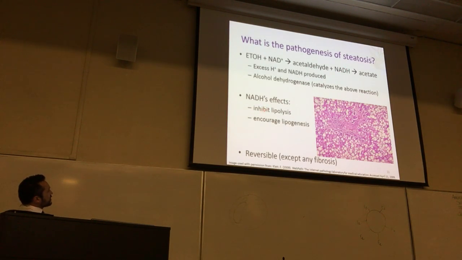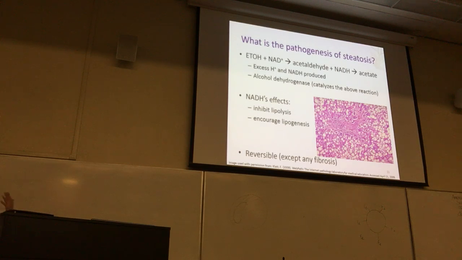But NADH blocks lipolysis and it encourages lipogenesis. So it prevents you from using fat as a fuel, and it encourages fat storage. Okay? So alcohol consumption will stimulate a morphology change in the individual over time.